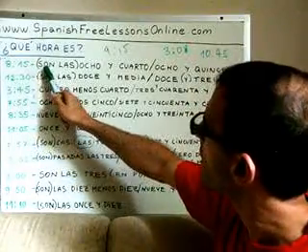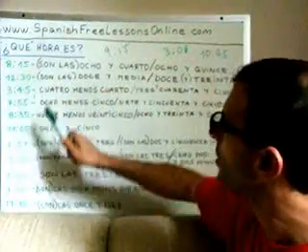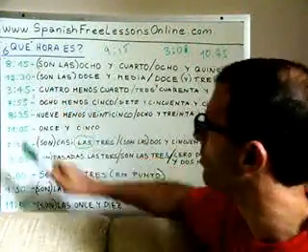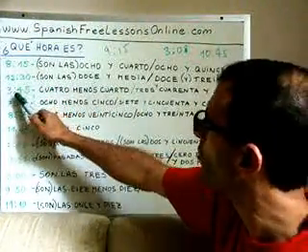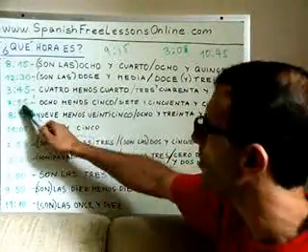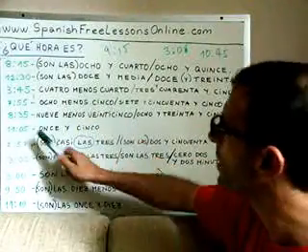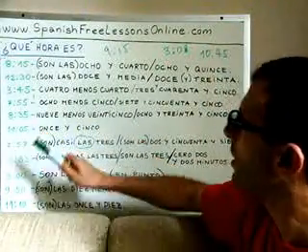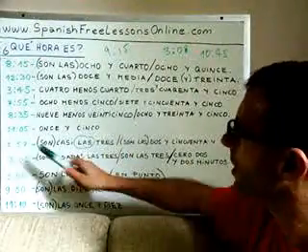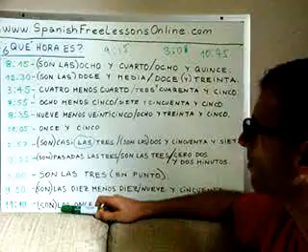This is son las 8:15, quarter past. Son las 12:30. Quarter to 4: 4 menos cuarto. 5 minutes to 8: 8 menos 5. 25 to 9: 9 menos 25. 5 past 11: 11:05.